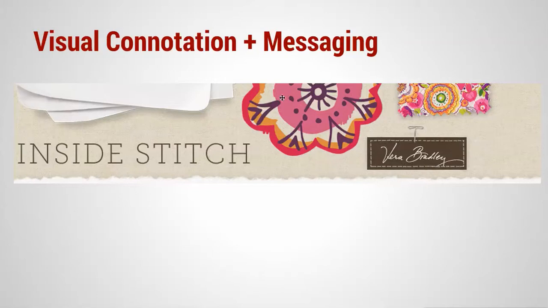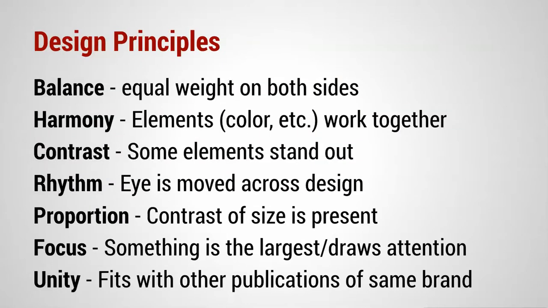Some of these colors are brighter than others, so this flower is the brightest thing. It contrasts a lot with the background. These are really bright colors. The background is a very neutral color, so even though we have harmony of shape and color, we also have some contrast as well.